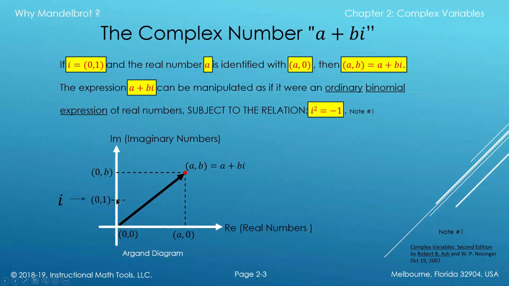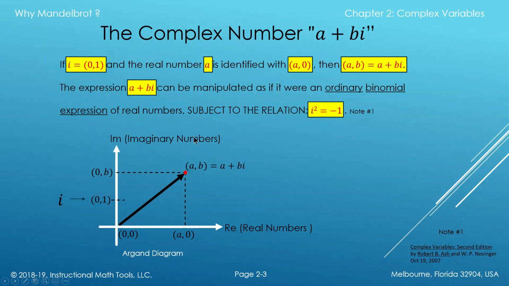And that we have to equate that to the imaginary number i, if we're going to make this an Argand diagram. Just like if we had a real number a, this would be a, 0, and this would be the intersection of a with a b. So this would be a, b. So the definition says that if you do that, and the real number a is identified as a, 0, then this point, a, b, can be represented by the complex number a plus bi.